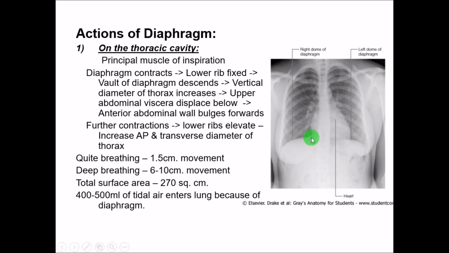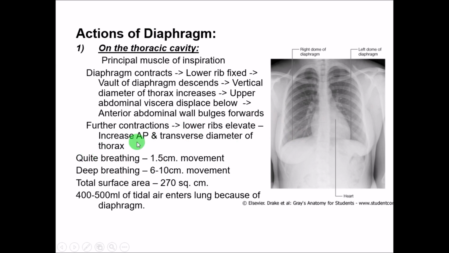So the vertical diameter, the transverse diameter and the AP diameter all increase, which helps in the expansion of the thoracic cavity, and that leads to expansion of the lung and pulling of the air. A negative pressure is created in the lungs and the air is pulled inside.